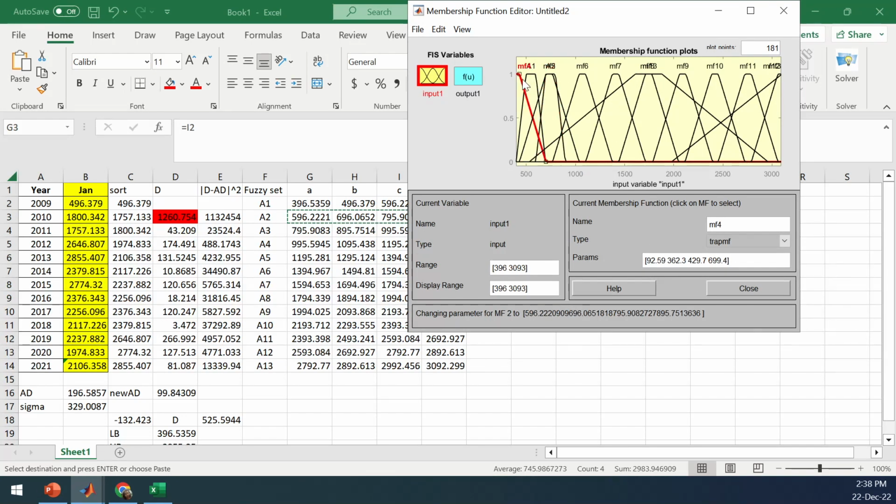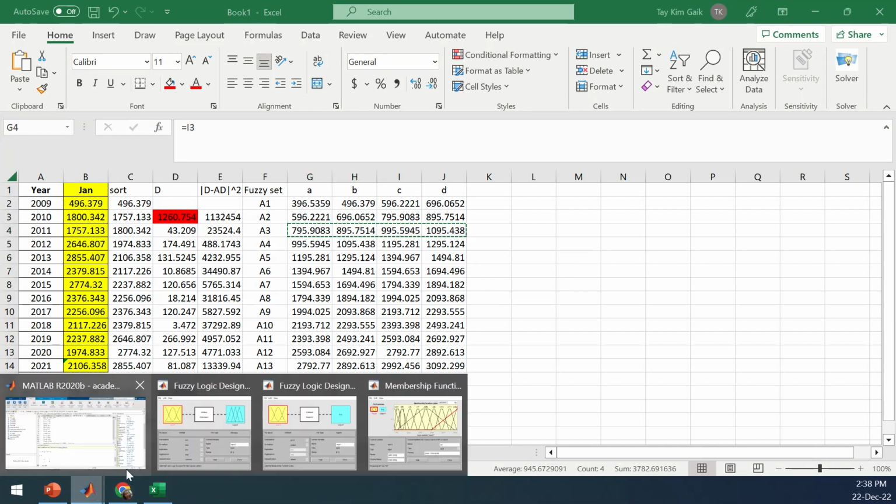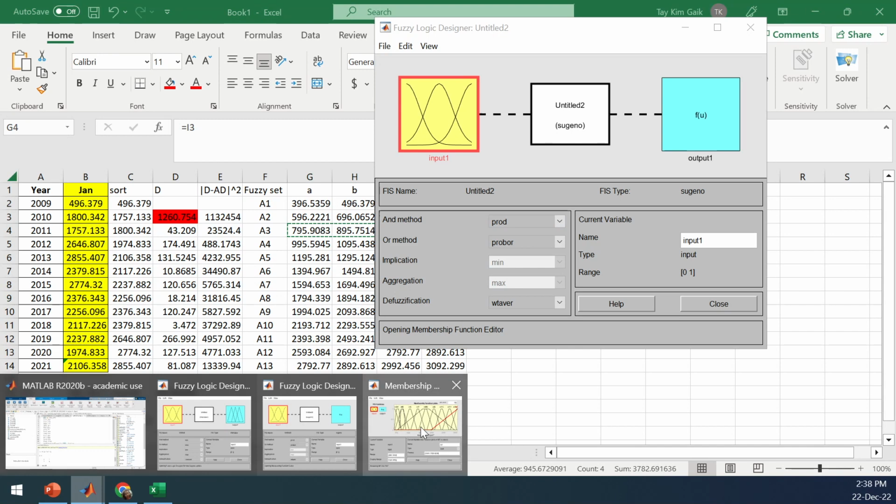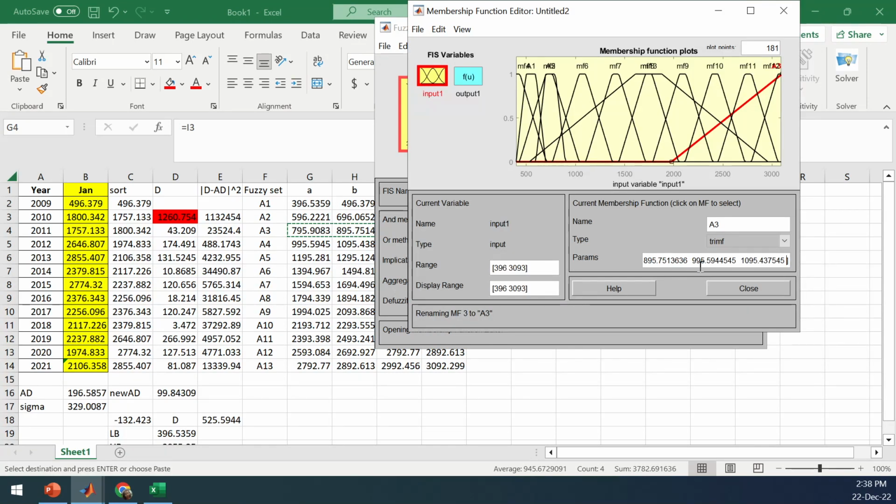So this is my A1, A2. Where's A4? A3. MF3, change it to A3, and select the ABCD values there. Put it here. A3.